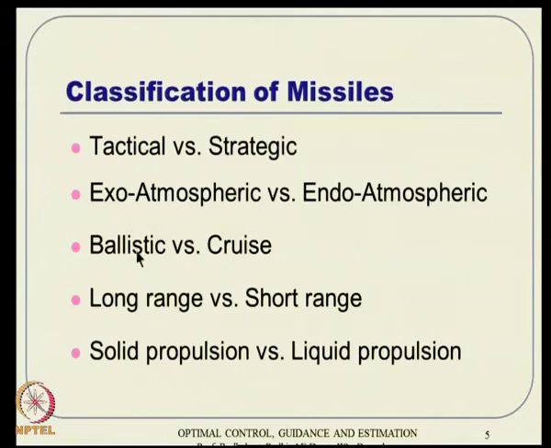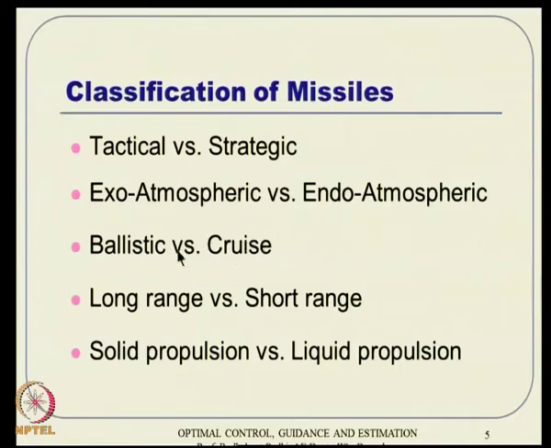Then you can classify as ballistic versus cruise. Ballistic missiles largely follow a so-called ballistic trajectory. In other words, the motion is largely influenced only by gravity, or possibly by drag, but there cannot be any lift. On the other hand, there is the cruise missile. It is almost like an aircraft, traveling very close to the earth, for a short range or long range depending on the mission, but largely it travels because of lift like an aircraft.